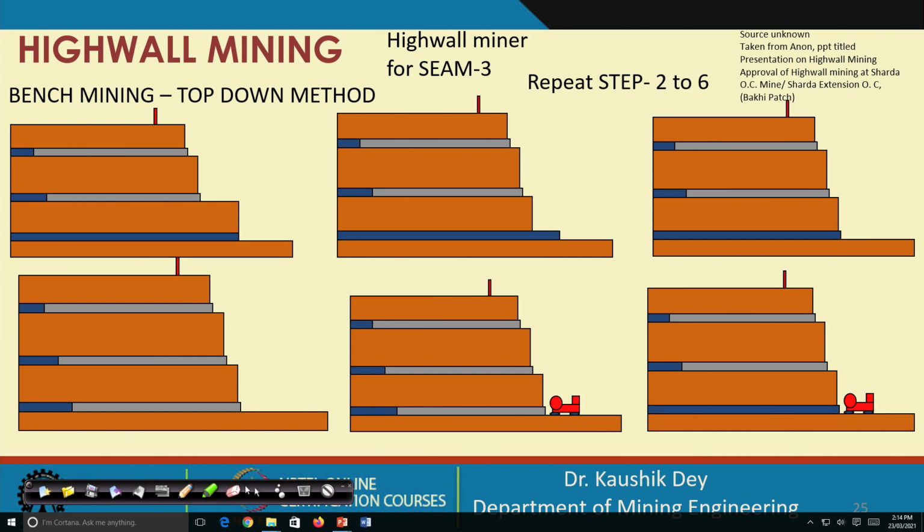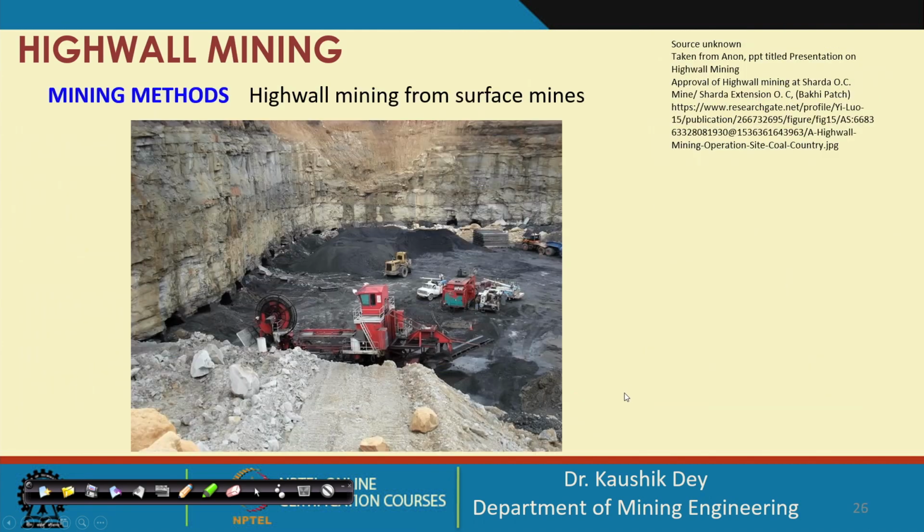Now, this is the top down method, where a little bit of mining at every level is carried out, but the majority portion is excavated using the high wall miner, and that is why the stability of the structure is not basically a concern.